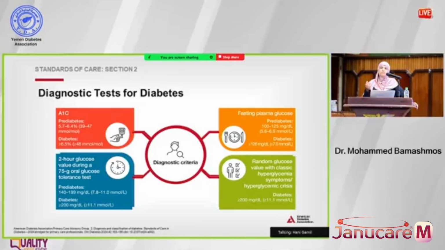The gold standard that we always say is the gold standard is to do a 2-hour glucose tolerance test. We give the patient 75 grams of glucose, and check their blood sugar 2 hours later. If it's above 200, this patient has diabetes. If it's between 140 and 200, this patient is pre-diabetic. And if it's less than 140, then this patient is normal.